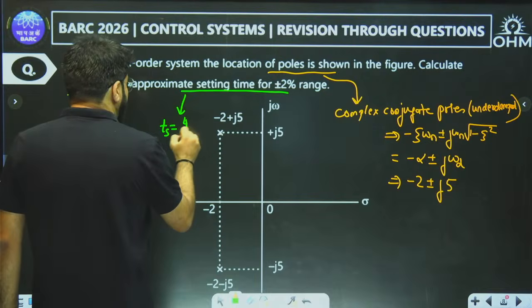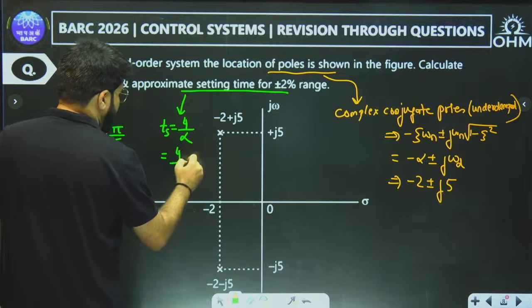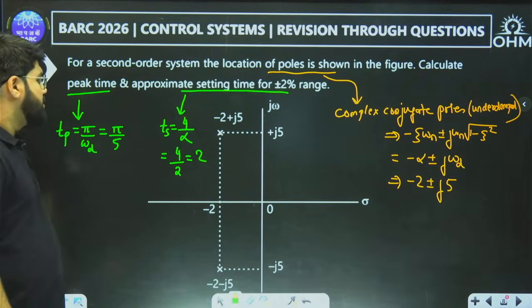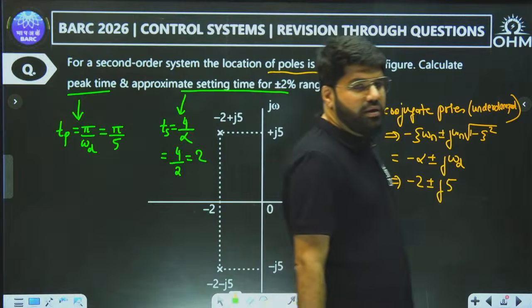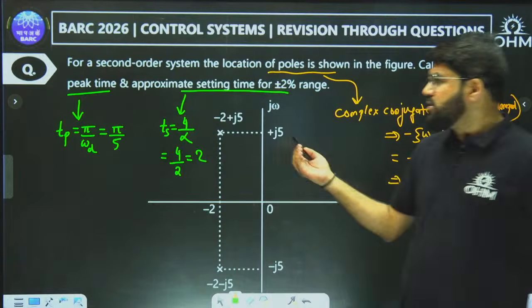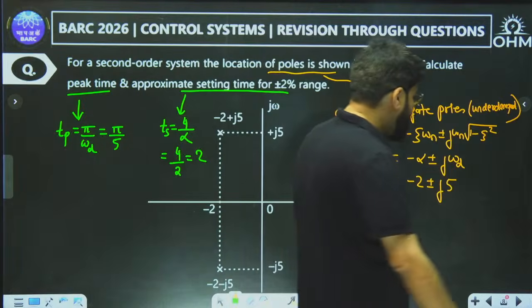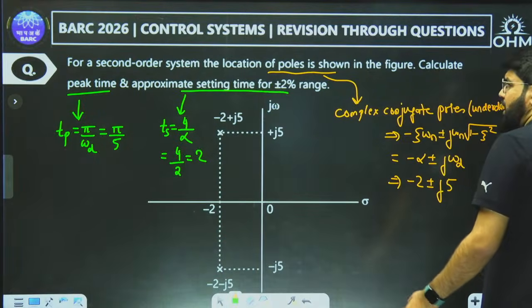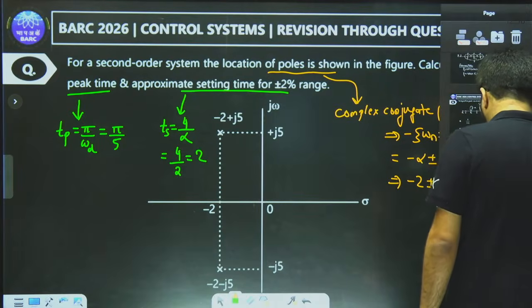Settling time is given by 4 by zeta omega n or 4 by alpha, 4 by 2, and that is equal to 2 seconds. Settling time 2 seconds, peak time pi by 5. Simple one. I did not give any options for this, but this is also one more type of question where poles are given and the connection with formulas like peak time, settling time, etc. can be explored.